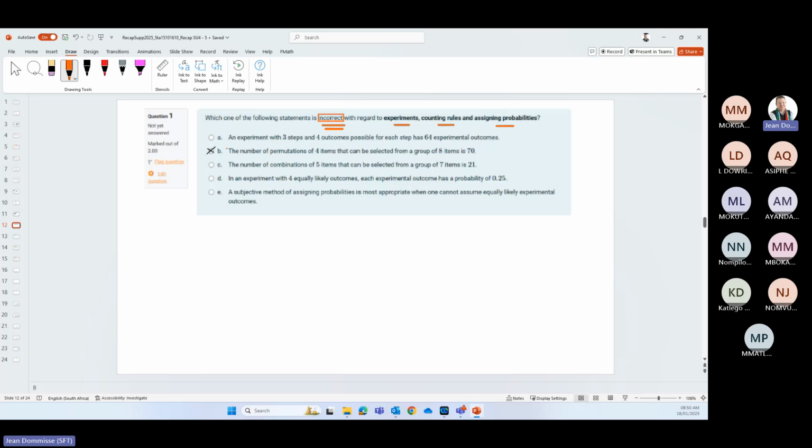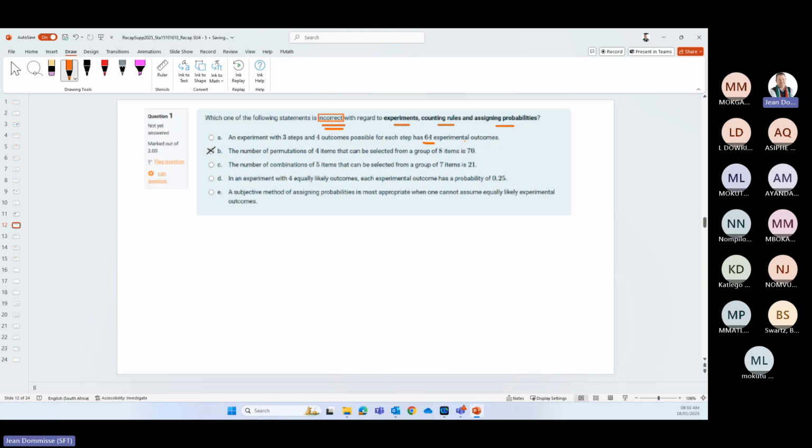So let's see: an experiment with 3 steps and 4 outcomes possible for each step has 64 experimental outcomes. Okay, so that is our first question that we are looking at.